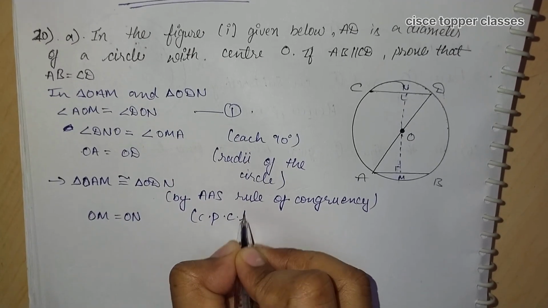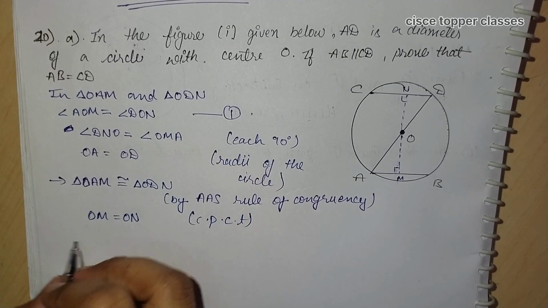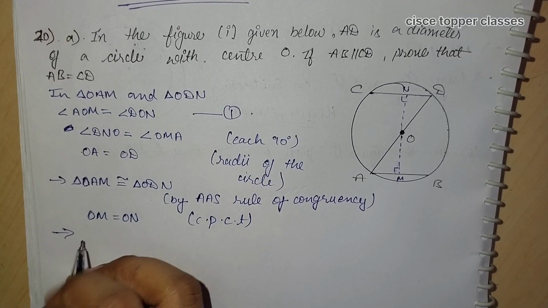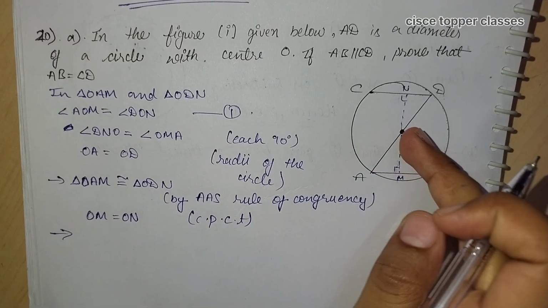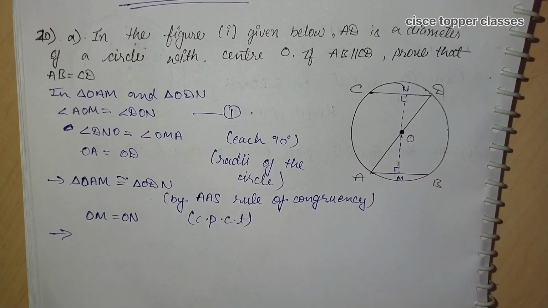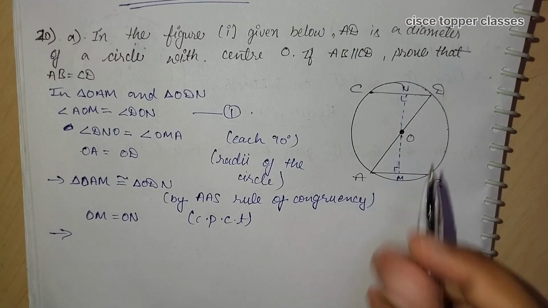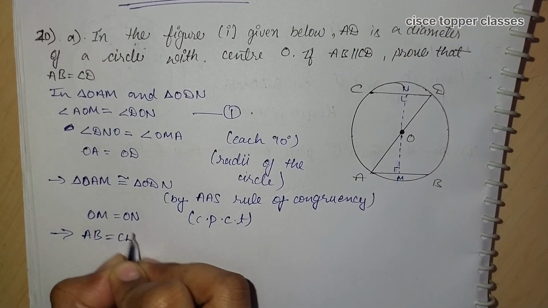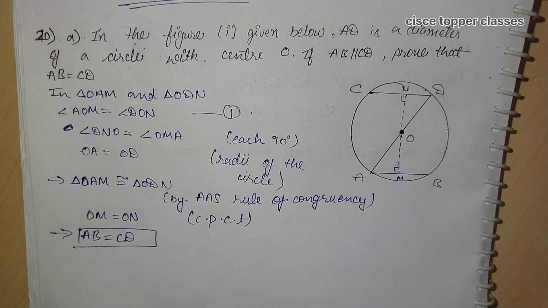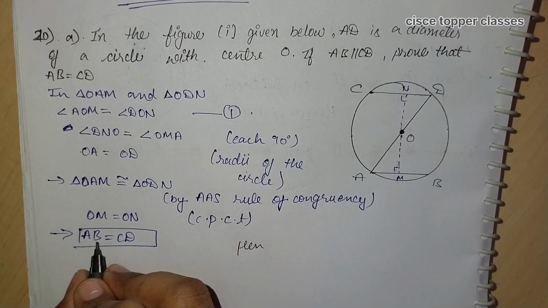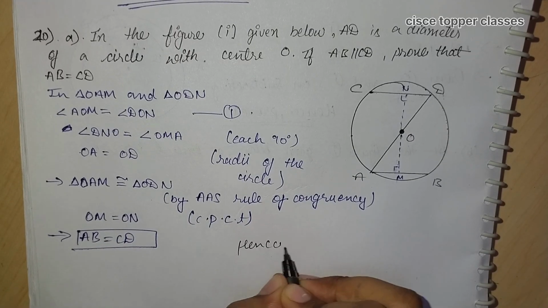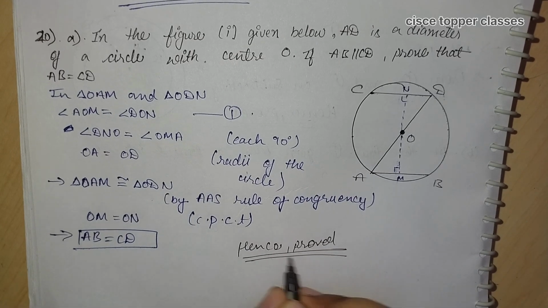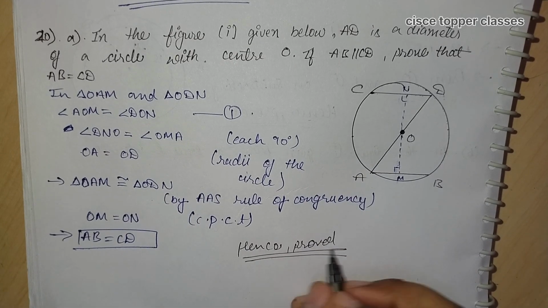By the theorem, if the perpendicular distances from the center are equal, then the chords are also equal. So AB is equal to CD, hence proved. I have proved this from the theorem which we studied in the introduction part of the video, so you can go there to see it.